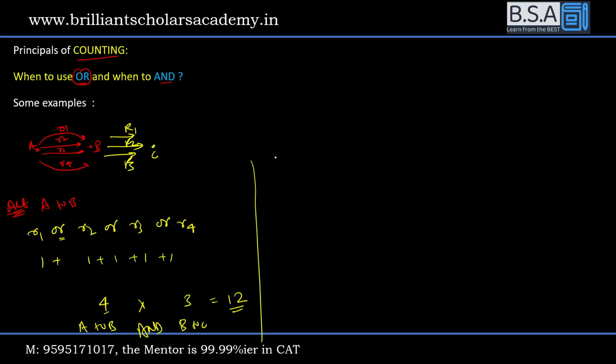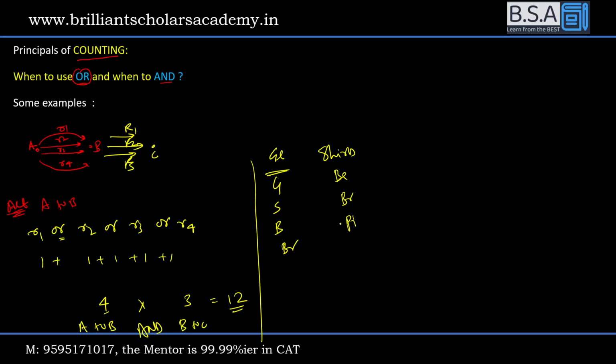Let us say a person has got glasses of different colors, golden, silver, black, brown, and those he can pair with different color shirts, black, brown, pink.